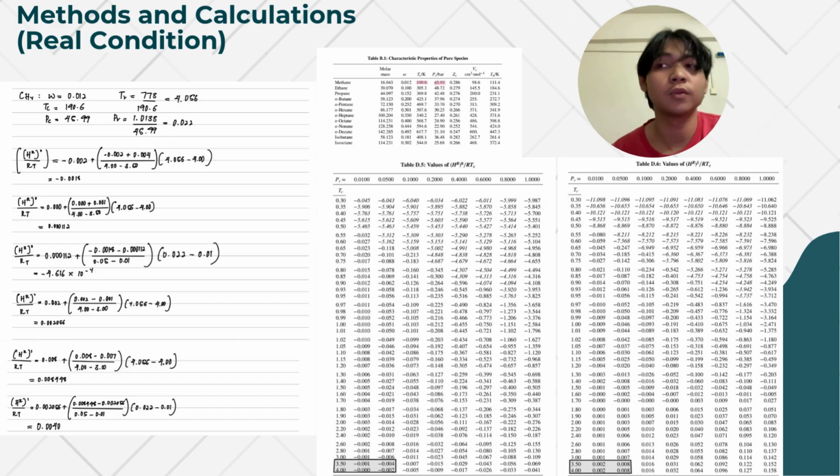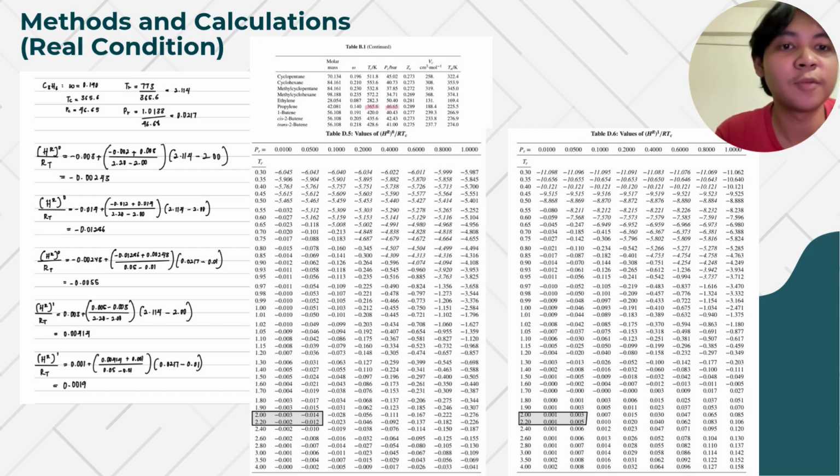We need to do two extrapolations and one interpolation, since our values for TR and PR are not directly available in the table. After our lengthy calculations, we find that the value for HR0 over RTC is 0.002056 and the value for HR1 over RTC is 0.0040.